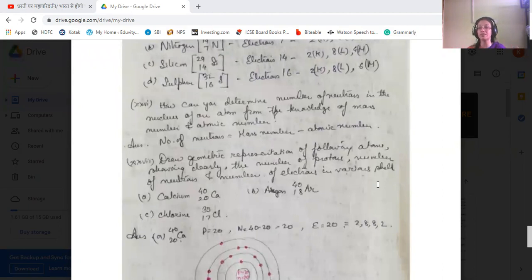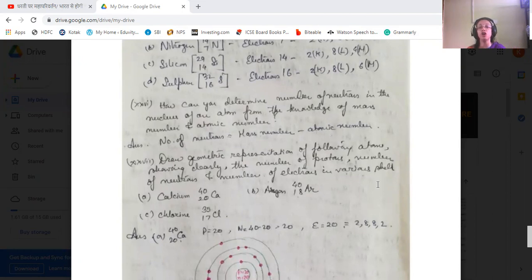If we know the mass number and the atomic number, and we subtract the atomic number from the mass number, we will get the number of neutrons, because mass number is protons plus neutrons, and atomic number is the number of protons or the number of electrons. So the number of neutrons will be mass number minus atomic number.